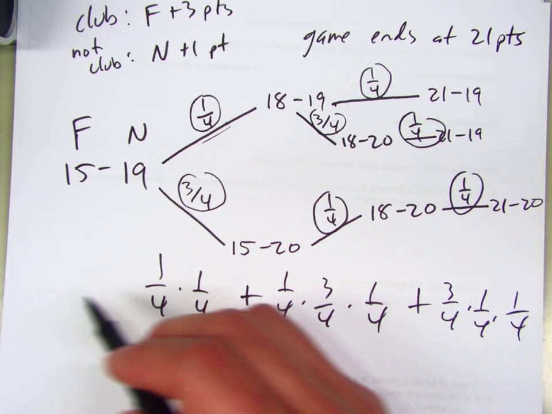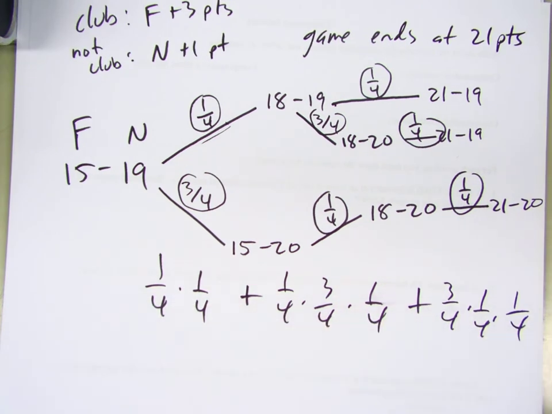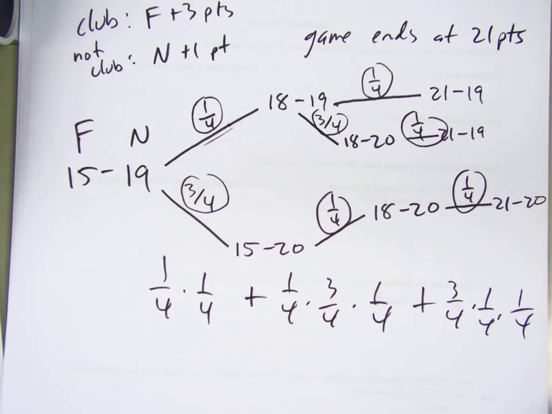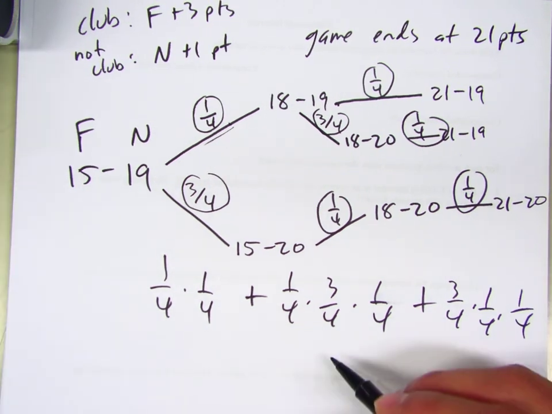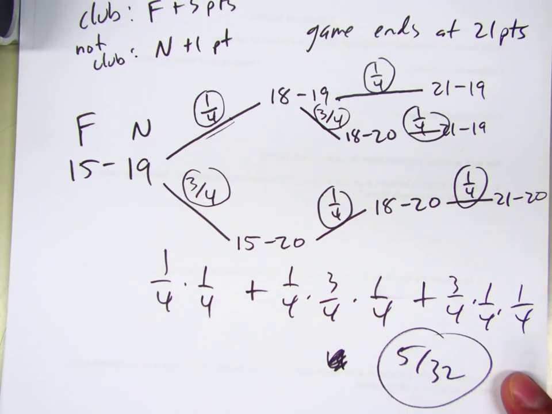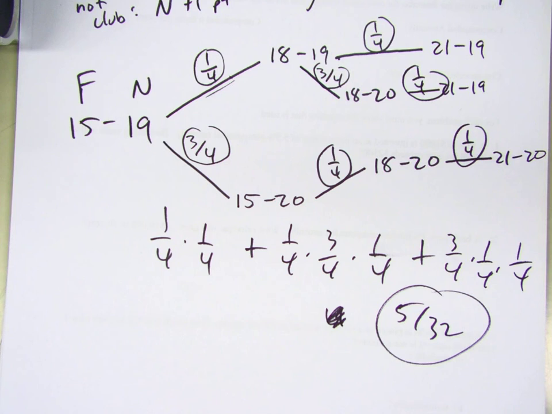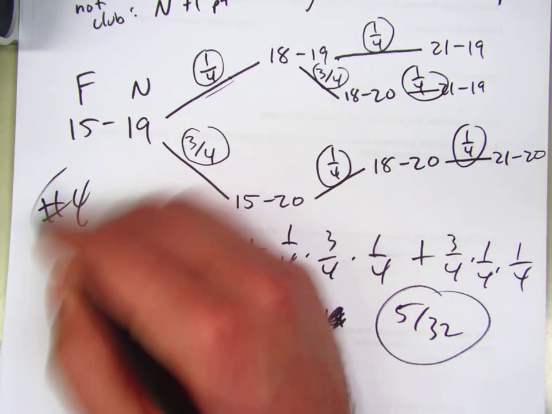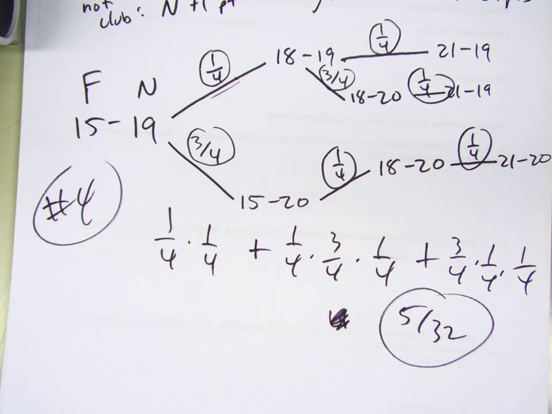Multiply all those together and add them up, and you get your probability, which is... oh, wrong problem. 5 out of 32. This is for number 4. Okay? All right.